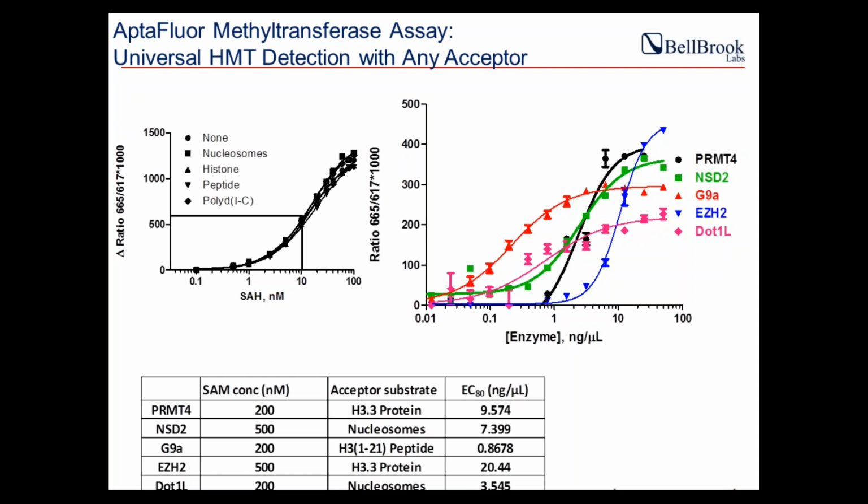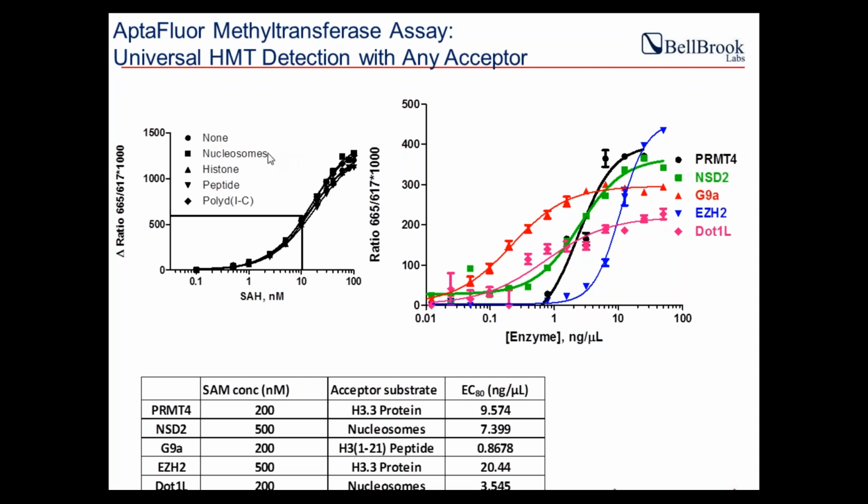However, we found that the assay could accommodate any of these used substrates listed here: nucleosomes, histone, peptide, or poly-dIdC. These were all tested by running a standard curve, and you can see they fall right on top of each other.